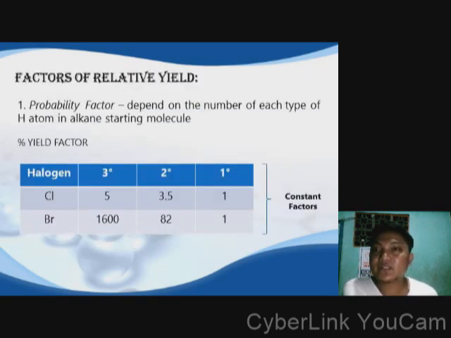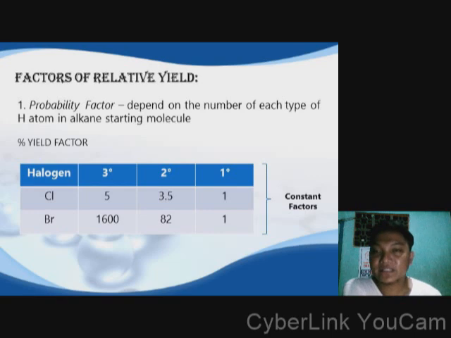So, factors of relative yield. First is the probability factor, which depends on the number of each type of hydrogen atom in the alkane starting molecule. Then we have the percent yield factor.